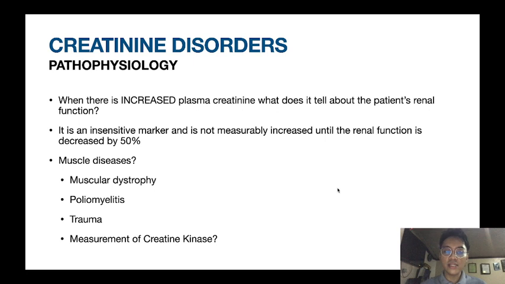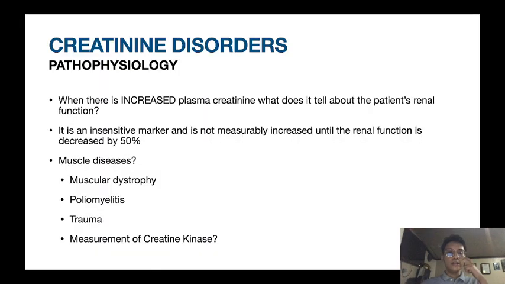So when there is muscle disease, trauma to the muscle, or destruction of the muscle cells, there will be release of creatine kinase from the muscle to the blood. So when there is increased creatine kinase, there is muscle destruction. Okay? So again, increased creatinine, increased creatine kinase, increased creatine, muscle destruction.